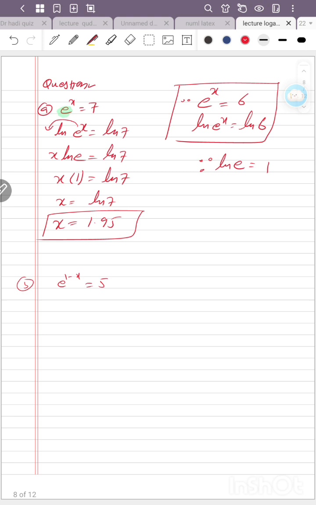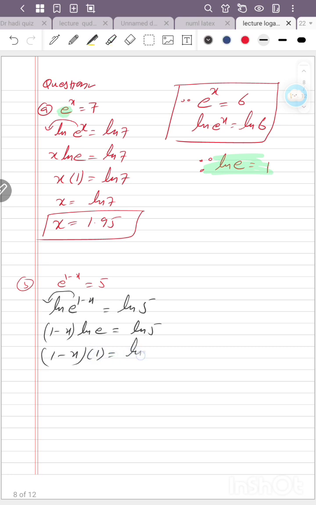Okay, now we have our next question. The next question is e power 1 minus x equals 5. How do we solve this one? We take natural log both sides: natural log of e power 1 minus x equals natural log of 5. The property is that the power will come to the start: 1 minus x times log of e equals log of 5. Log of e will be 1, so the answer will be 1 minus x equals log of 5.